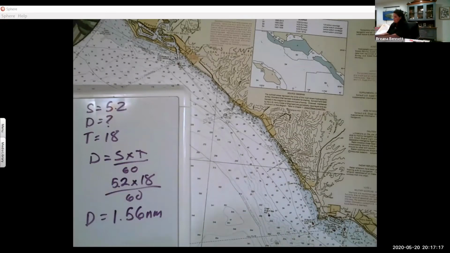Okay, so I got 1.56 nautical miles. 1.56.